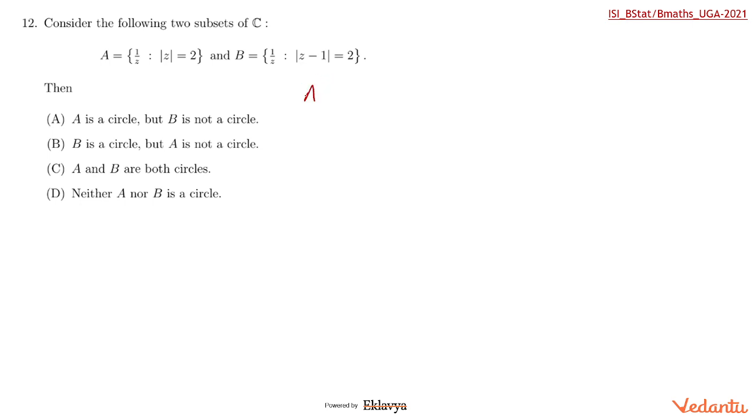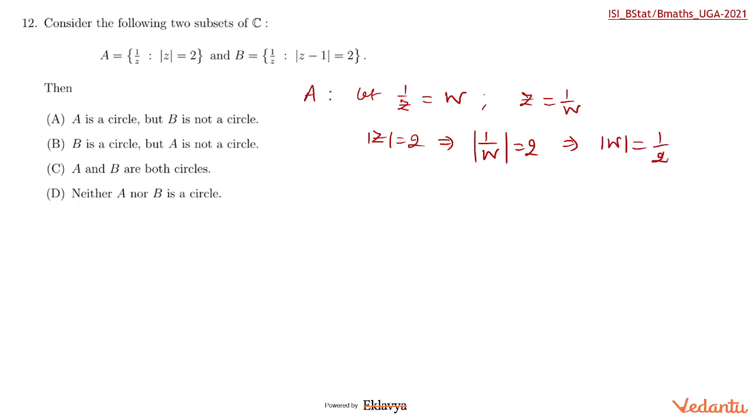So for A, let 1 by Z be some W. So Z is 1 by W. As mod Z is 2, and mod of 1 by W is 2, it means mod W is 1 by 2.